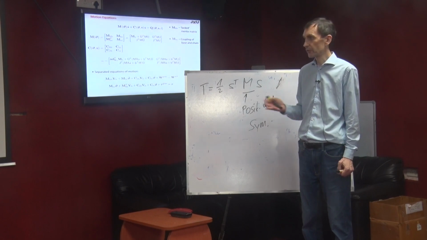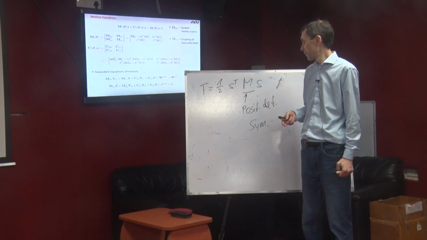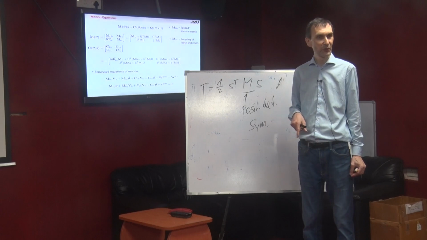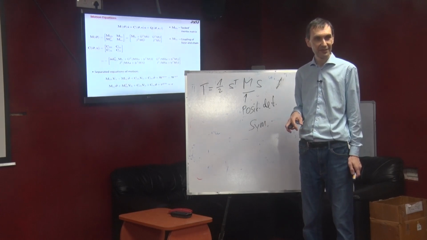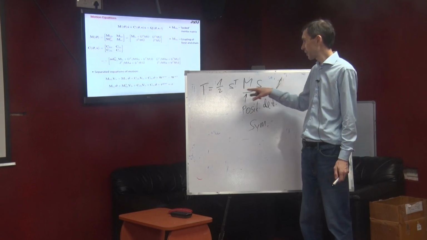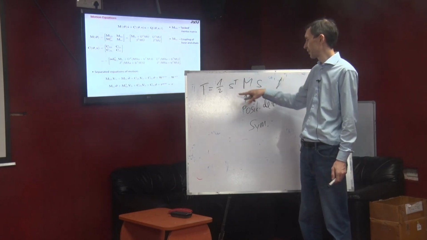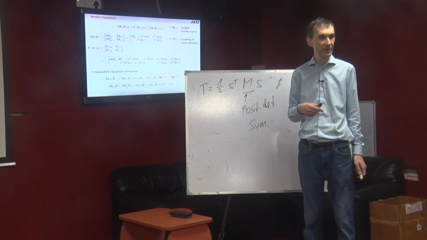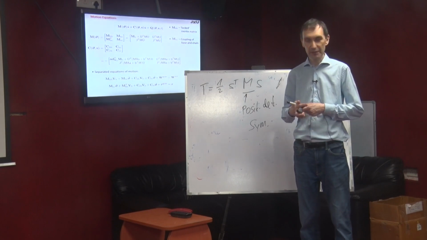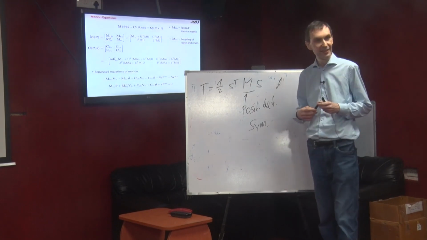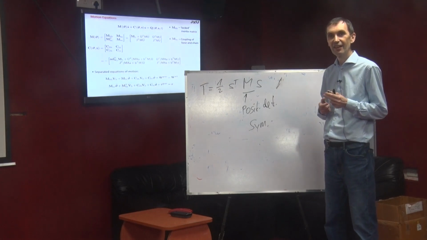Because if it was skew symmetric, what if M would be skew symmetric? What would happen to this expression? Generally, when you have a skew symmetric matrix, the transpose will be the negative of the matrix.